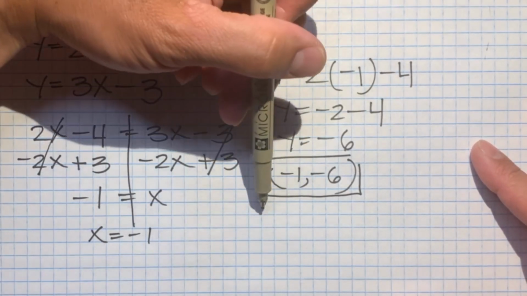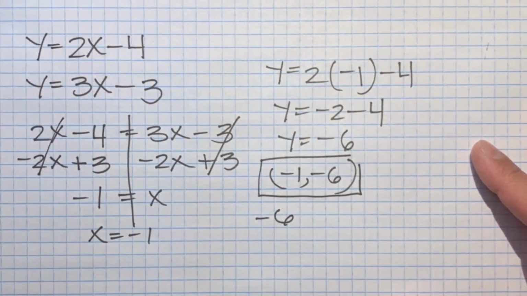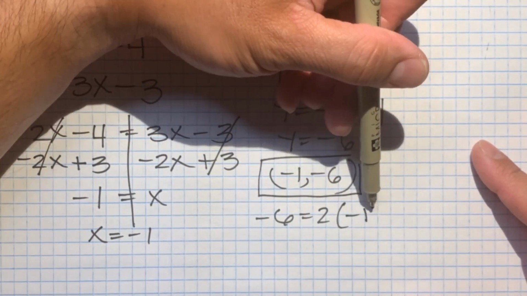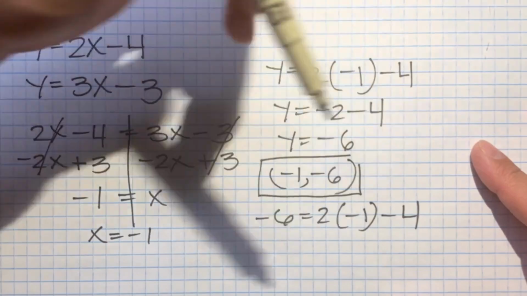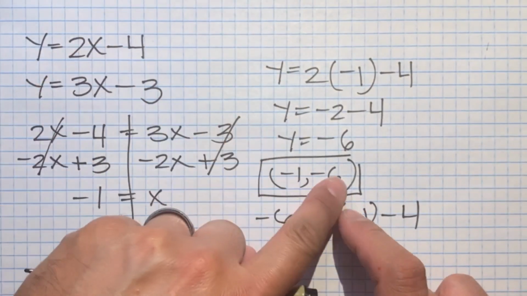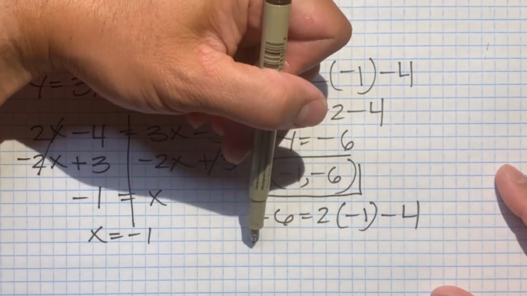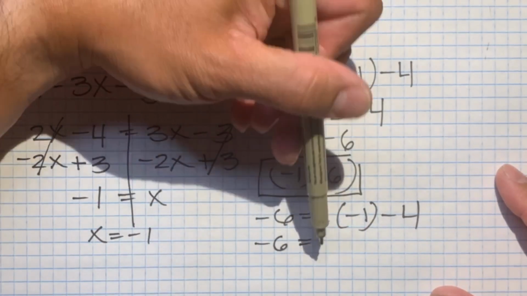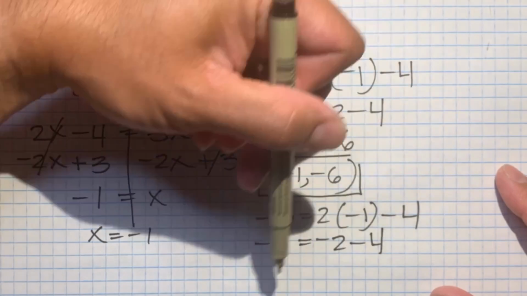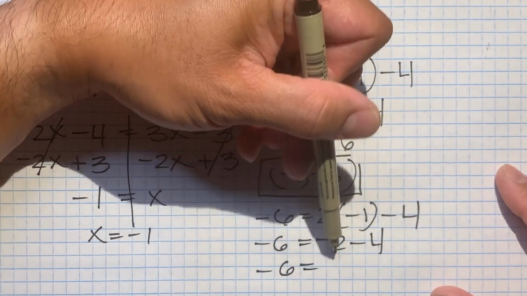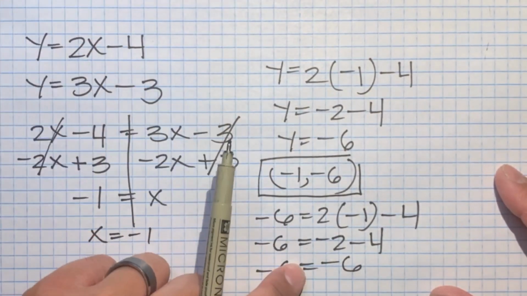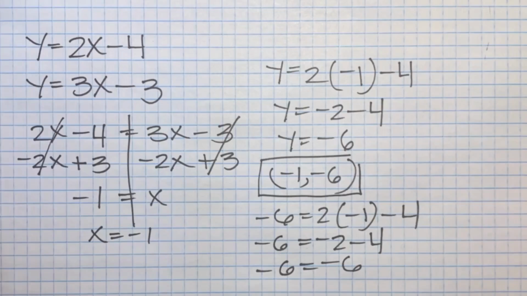So our y is negative 6 equals 2 times negative 1 minus 4. So I'm substituting these two, the x into here, the y into there. So negative 6 equals 2 times negative 1 is negative 2 minus 4. Negative 6 equals negative 6. So it checks out for the first equation.